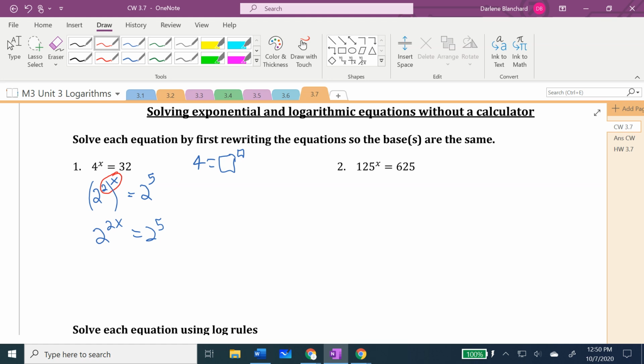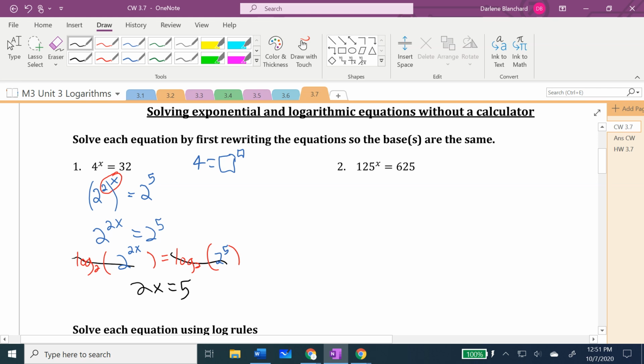I want to point out that what you can do is you can do the inverse to both sides of the equation. And technically that is what is going on. We just kind of went around this. And the inverse operations cancel each other out, and you end up with just the exponent 2x and the exponent 5.